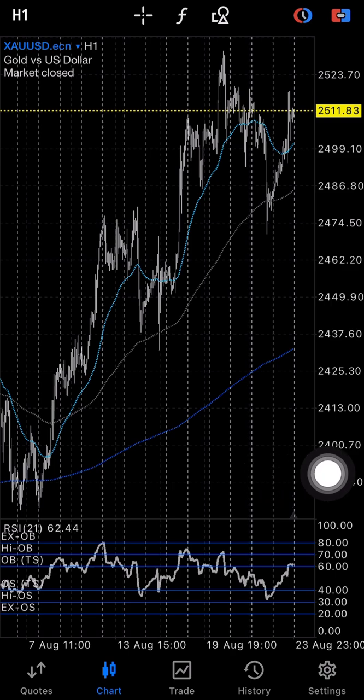So pretty much the moving average is kind of like an anchor. They keep the price. The price usually respects these moving averages, as you can see when it came and tapped here, spent a little time and went up, spent a lot of time hovering around that aqua, came back down to the gray, came up.